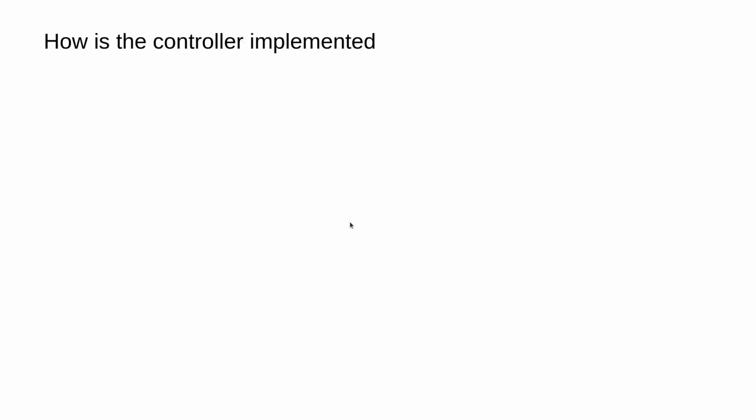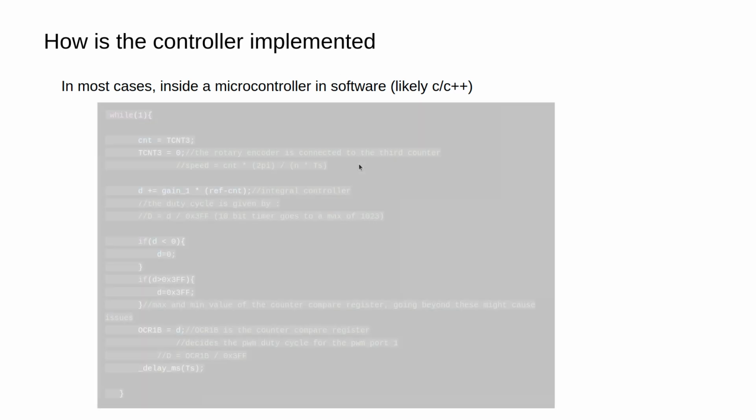Okay, so the controller, as I mentioned earlier, is implemented in software inside a microcontroller. It can be in some other language like Python, but a microcontroller is memory and space sensitive. It doesn't have much space like your normal CPU, so in most cases it's implemented in C or at max in C++.